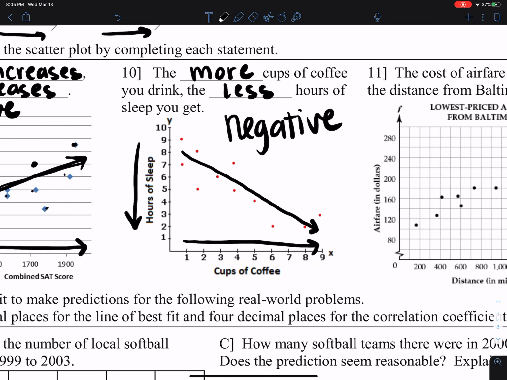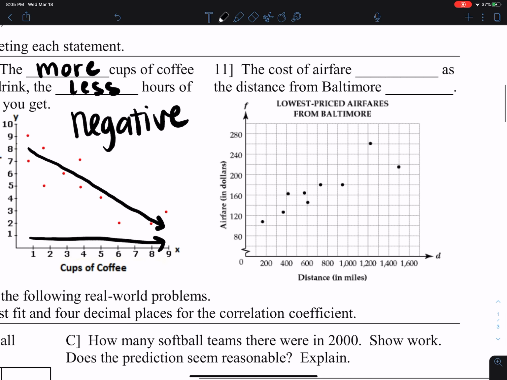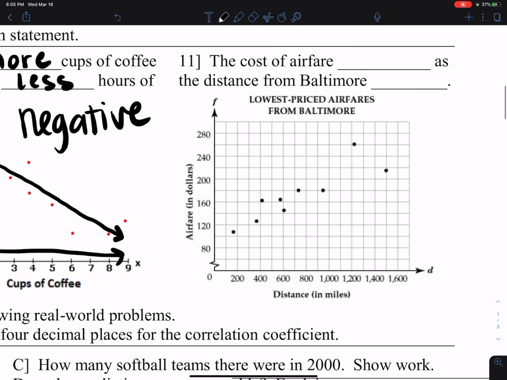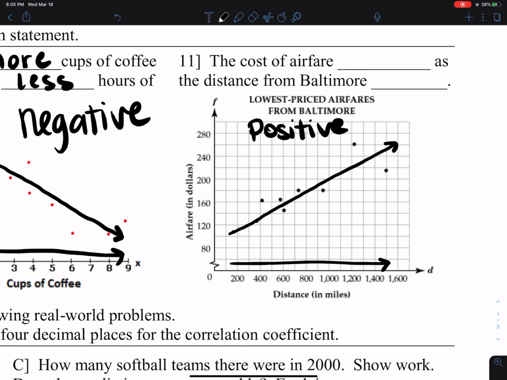Okay, now the last one, does this look like it has a positive slope or a negative slope? If I were to draw a trend line here, I would say it looks something like that. So we can see that this is a positive slope. So as the distance increases, the airfare also increases.